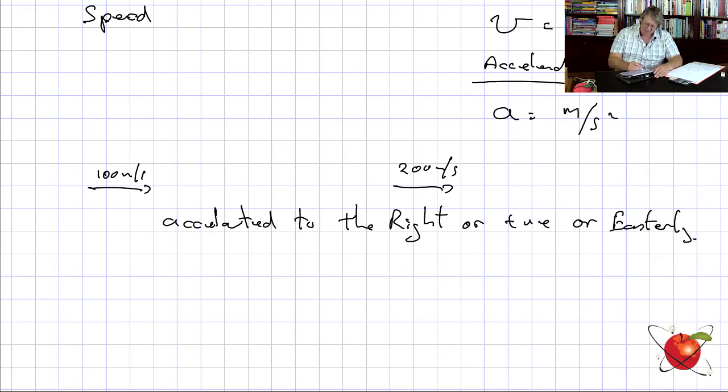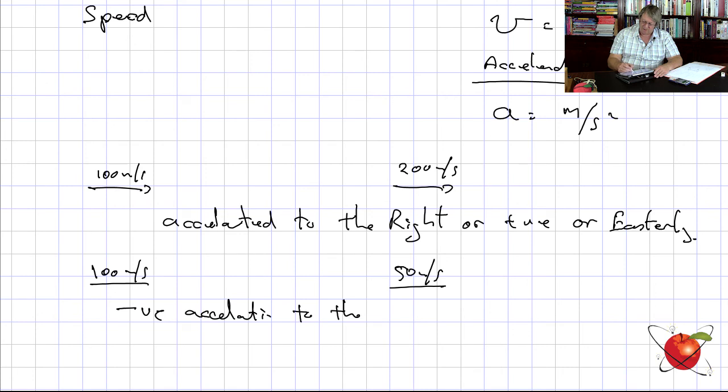If I'm going at 100 meters per second and over here I'm going at 50 meters per second, I have decelerated. I've had negative acceleration to the right.